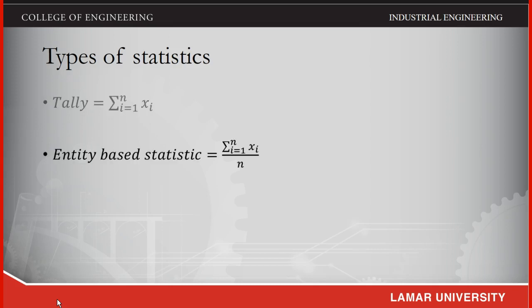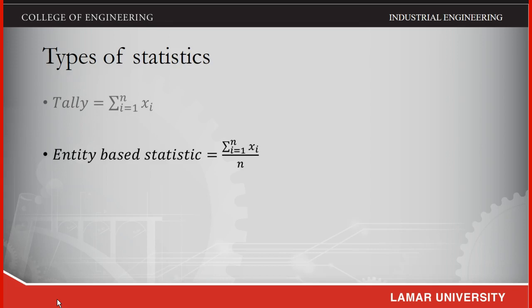We have entity-based statistics in which each entity will have its own data. Just like, say for instance, we can compute the average GPA for all the students. Each student will contribute with its own GPA, but if you wanted to compute the GPA for all the students, then we need to add up all the GPAs and divide by the number of students.